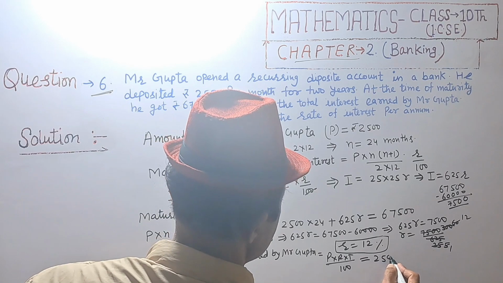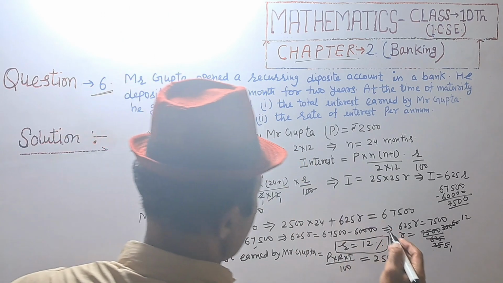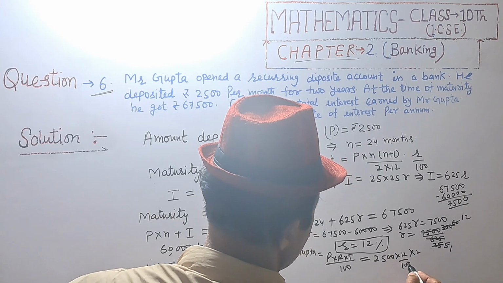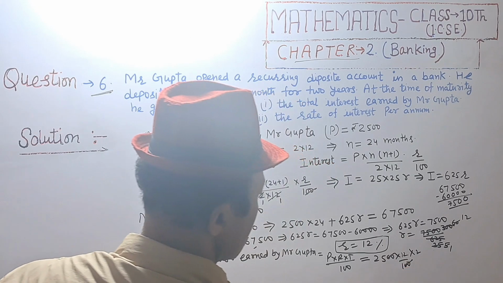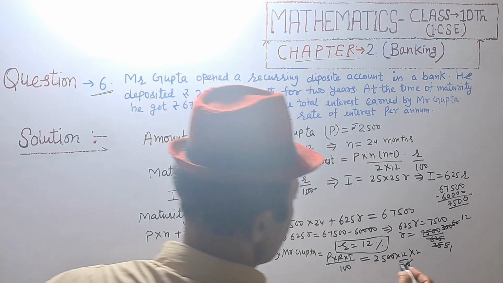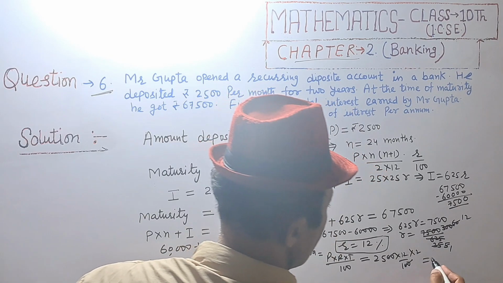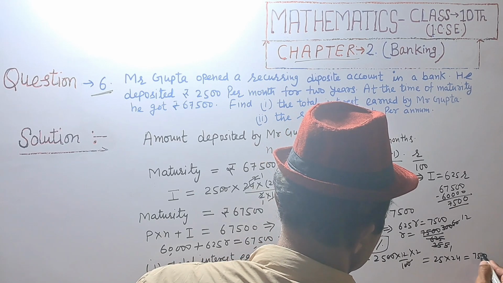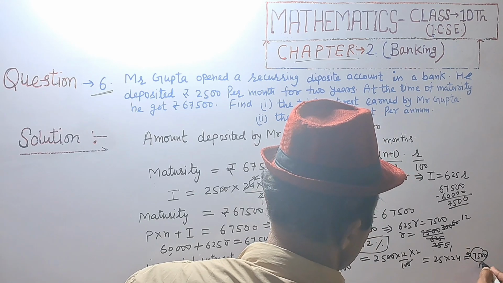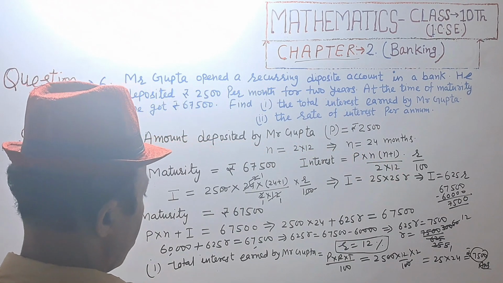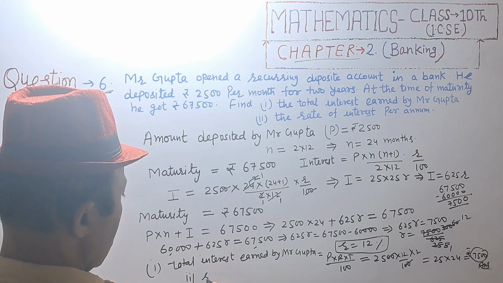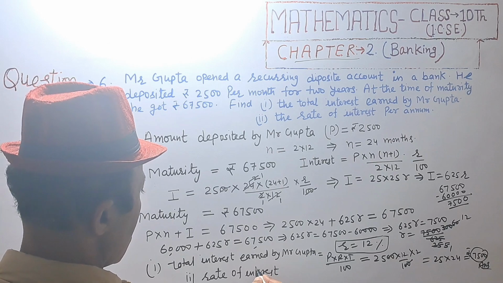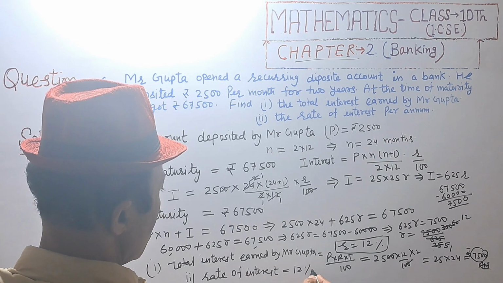P is 2500, rate of interest is 12%, and time is 2 years. That is equal to 25 into 24, 7500. Answer. And rate of interest is equal to 12%.